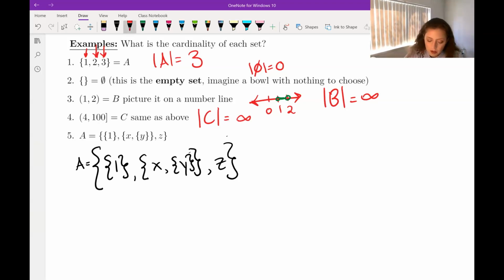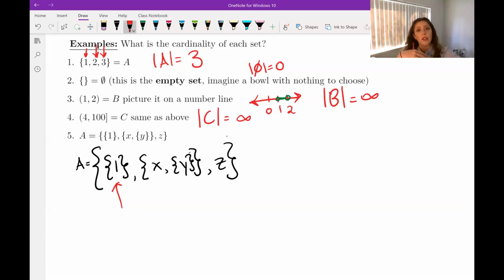So you might be looking at this and saying, wait a second, that's a set. That's true, but right now we're considering it as an element of A. So the set containing 1 is an element of A. Maybe picture it as a tinier bowl inside of A with the lid on.